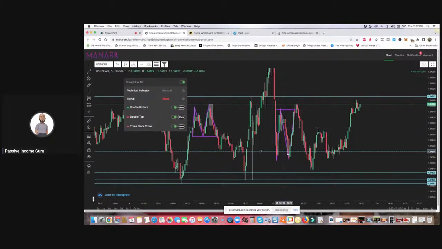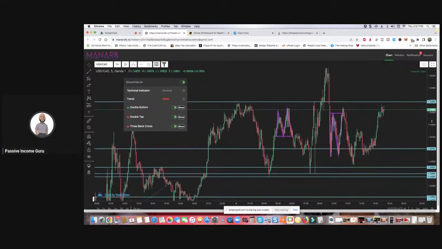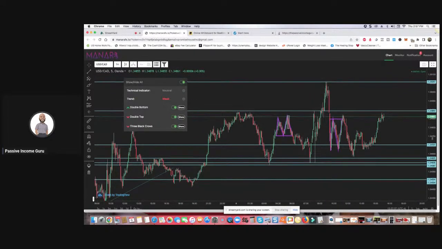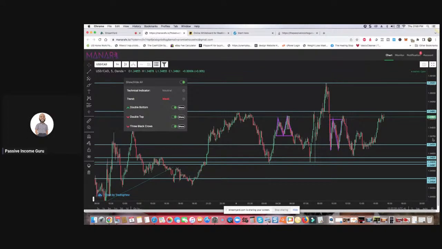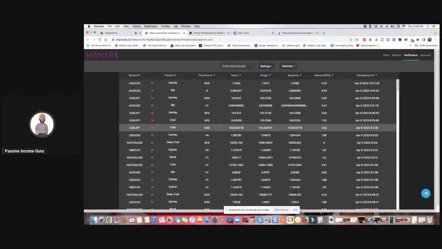Now the Menara, guys, it is a harmonic scanner. What does that mean for those of you who are new? Basically, what the scanner does is it sifts the market to find several different setups and different patterns.